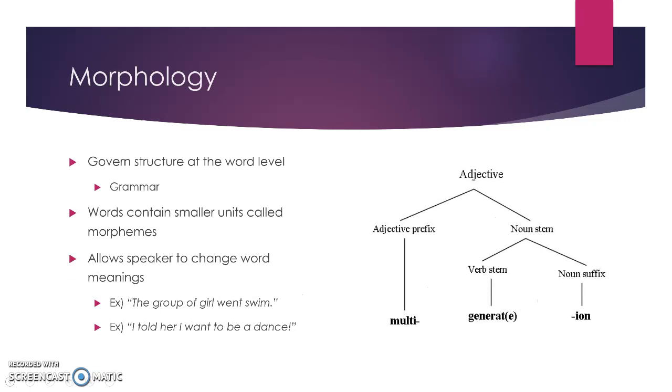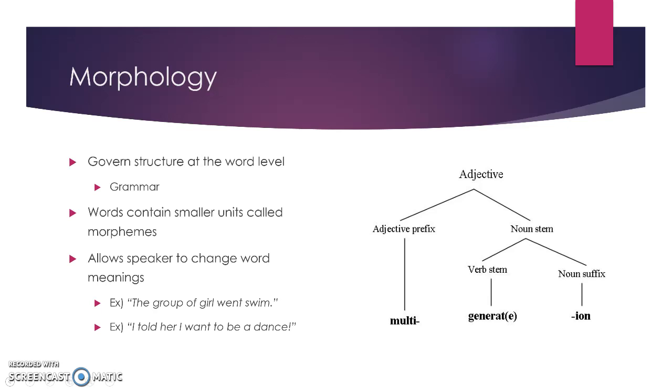The next component of language is morphology, and these are rules that govern the structure at the word level. So just think grammar. So words contain smaller units called morphemes. So for example, the word dogs has 2 morphemes, one being dog, and then the second one is the suffix with the s, making it plural.